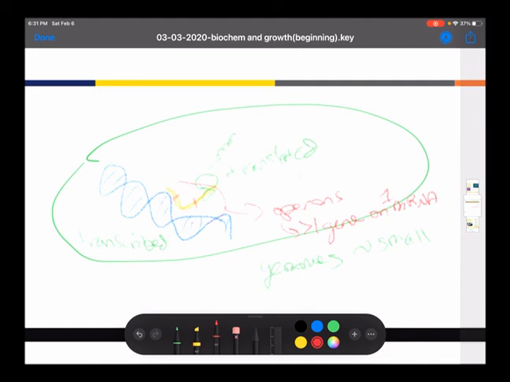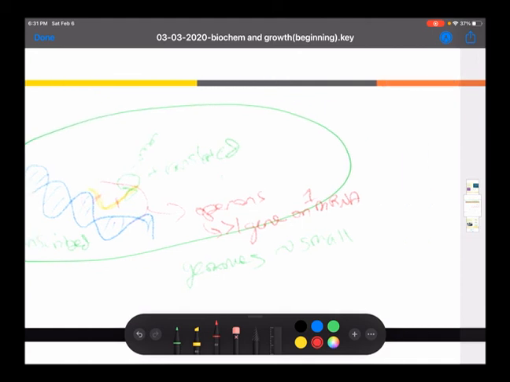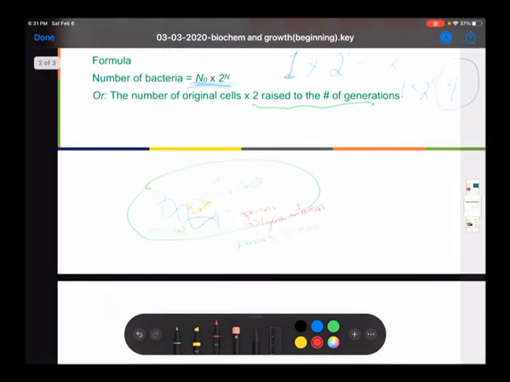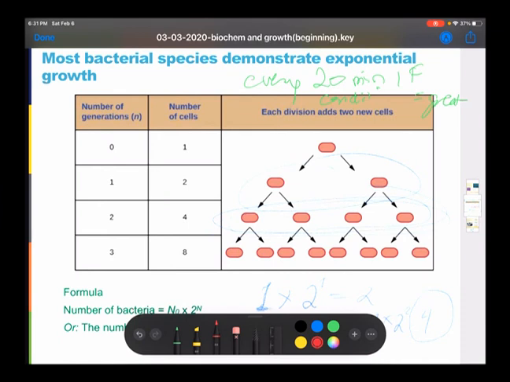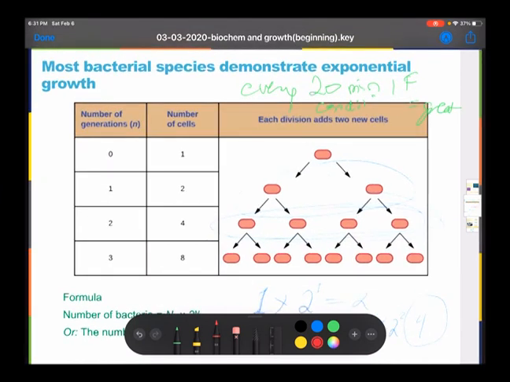So I think that makes it pretty clear why bacteria can replicate so quickly, so why there's so little time in between their generations. And as we know, bacteria don't need to have any kind of development. They're single cellular organisms. They don't specialize.